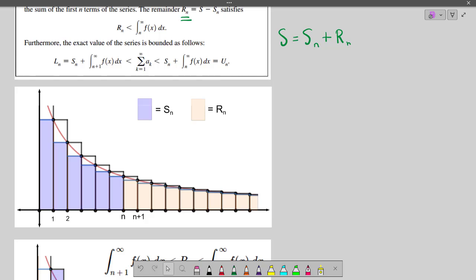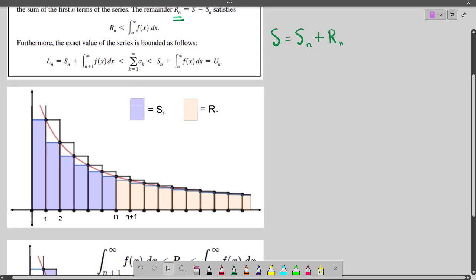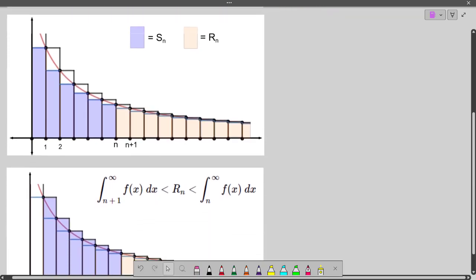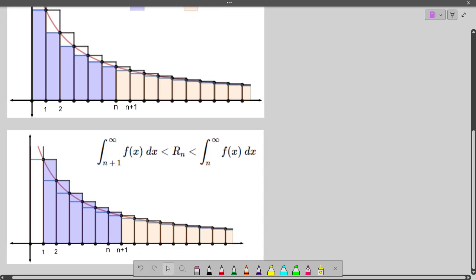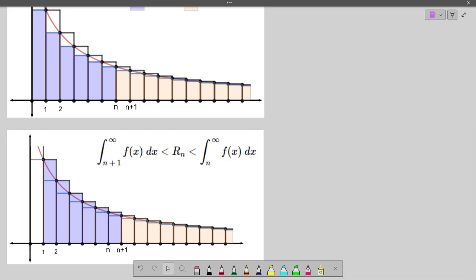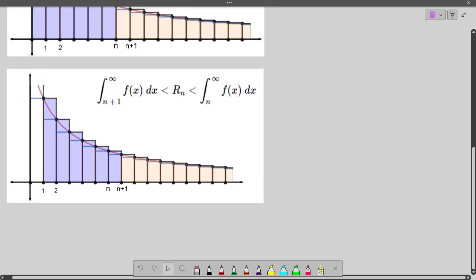If we form these rectangles to the left of each of the index values, right, to the left of 1, to the left of 2, to the left of 3, to the left of n, those are the blues. Now we can do that shifting type of thing, and we can imagine our rectangles being to the right of our index values. So if we move our rectangles to the right of the index values, then this is a visual.